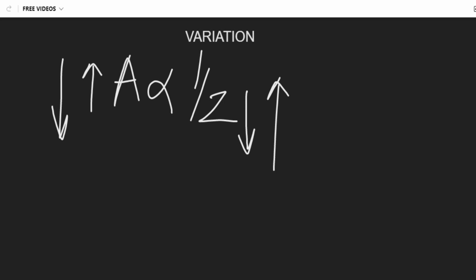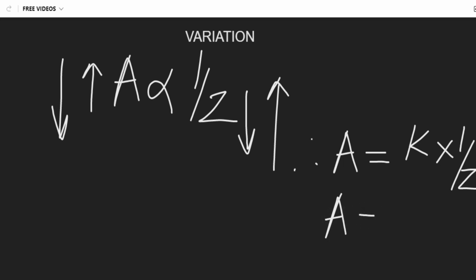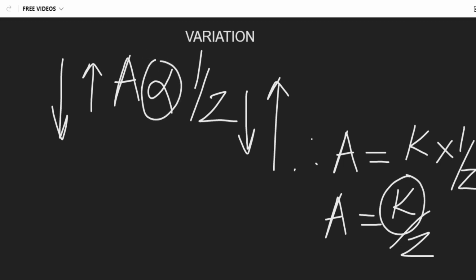Now, in this instance, we can say, therefore, that A is equal to a constant value multiplied by 1 over Z, where A is equal to K over Z, where K is a constant of proportionality that has replaced the proportionality sign.